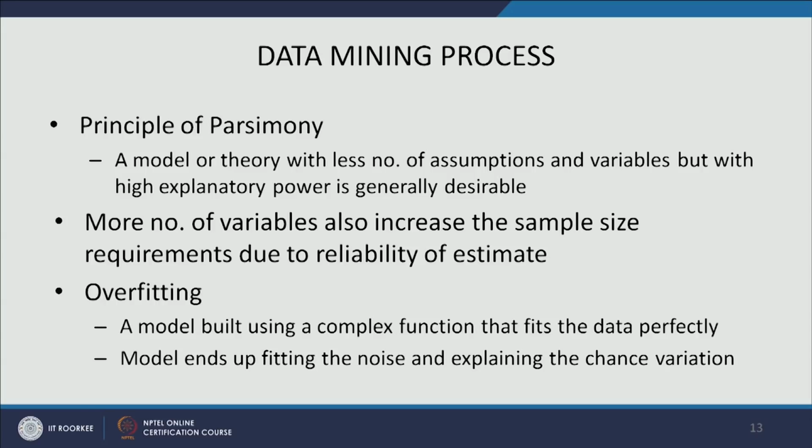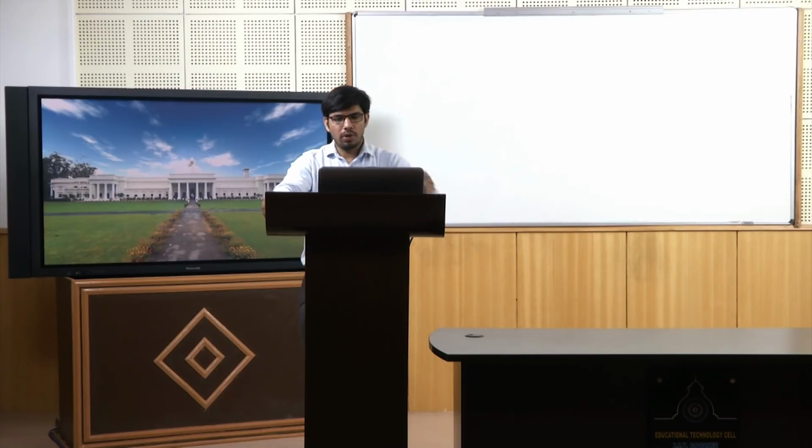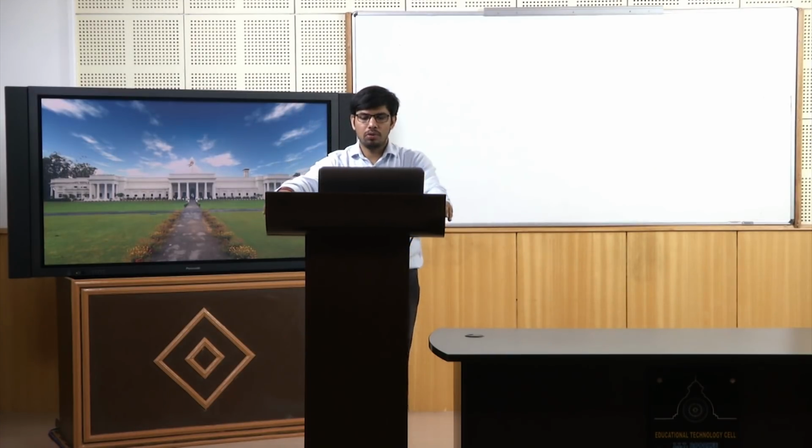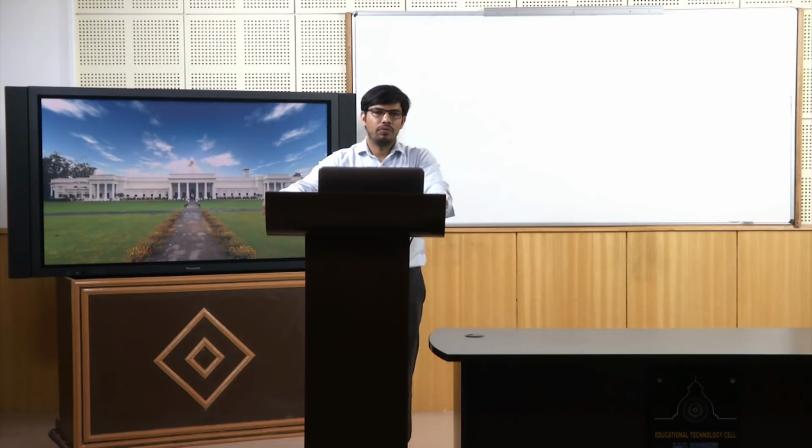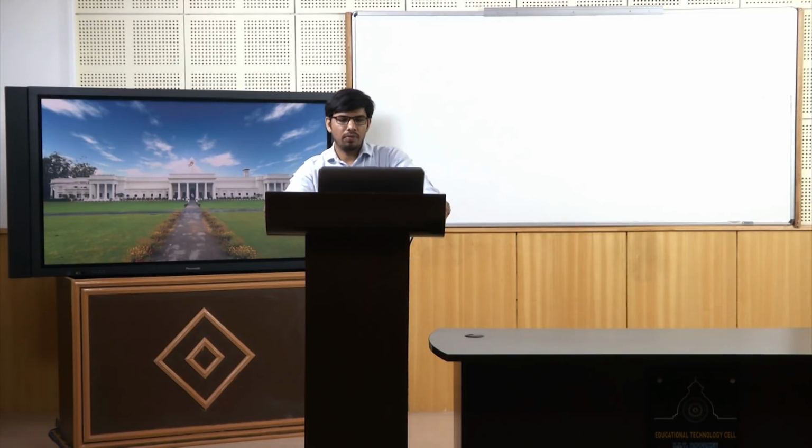What actually happens is you end up fitting the noise, and your model ends up explaining the chance variation. You would actually look to avoid explaining chance variation, because you are looking to understand the relationship which can then be used to predict the future values. So therefore overfitting is something that is not desirable.